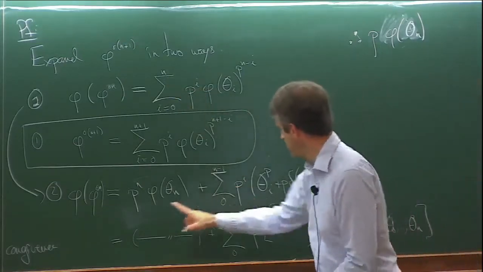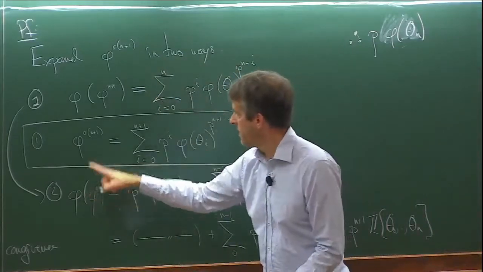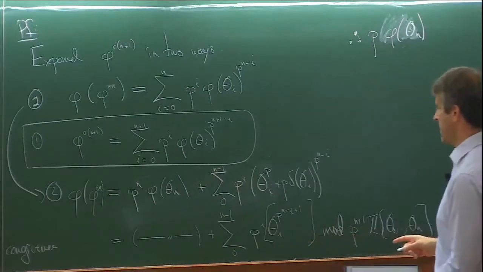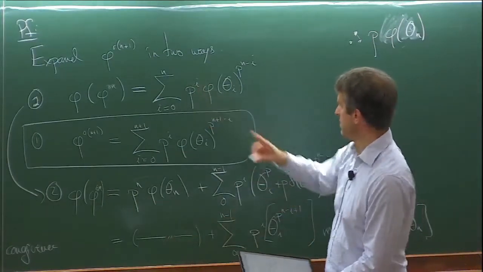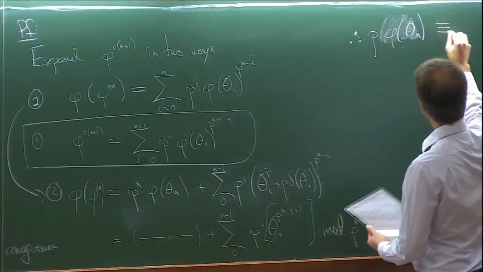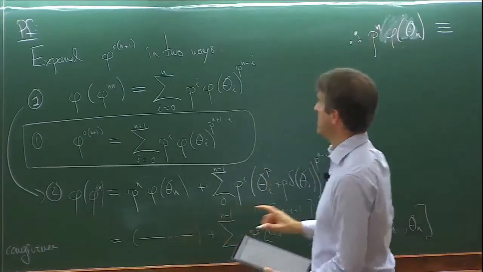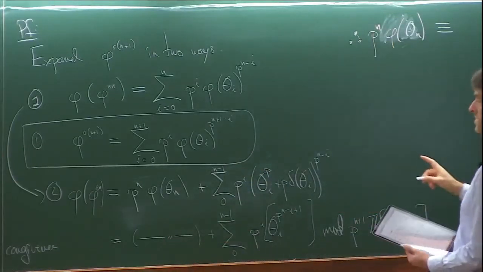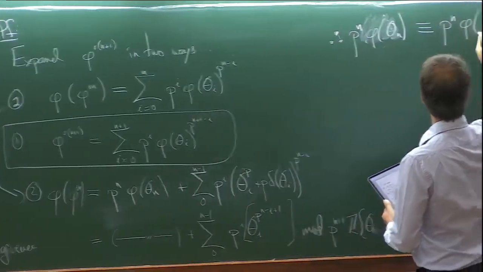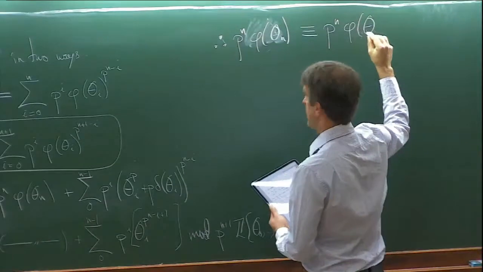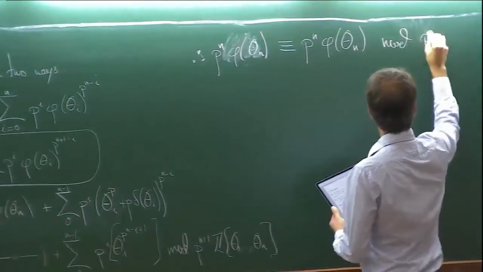So if this summation here is congruent to that summation there, then most of them cancel out, and this is congruent to the final term here, which is p to the n, p of theta n, modulo p to the n plus 1.